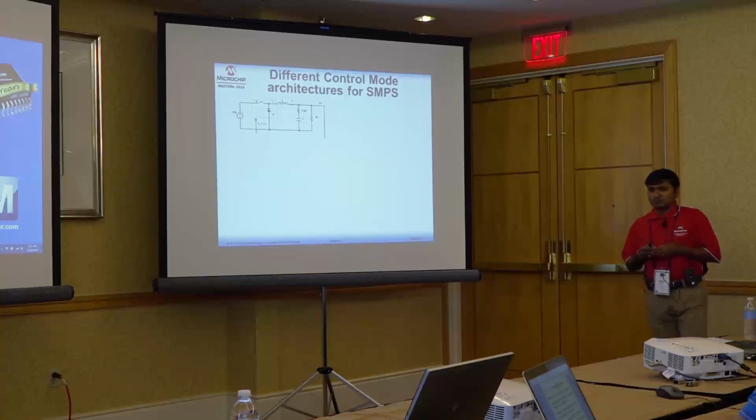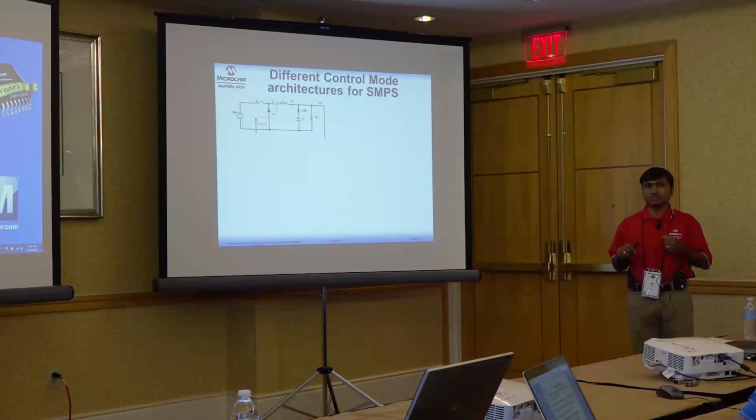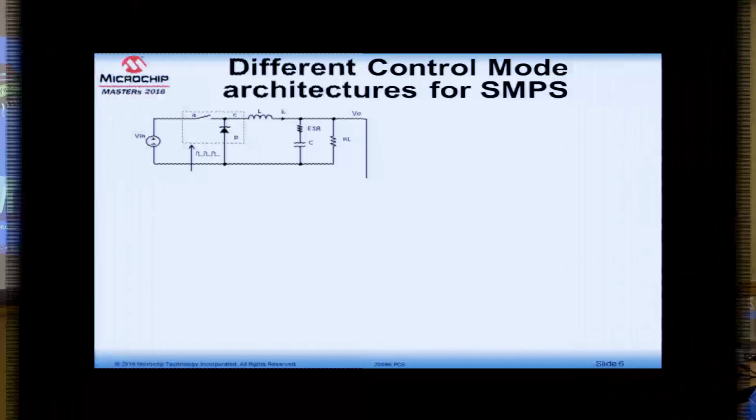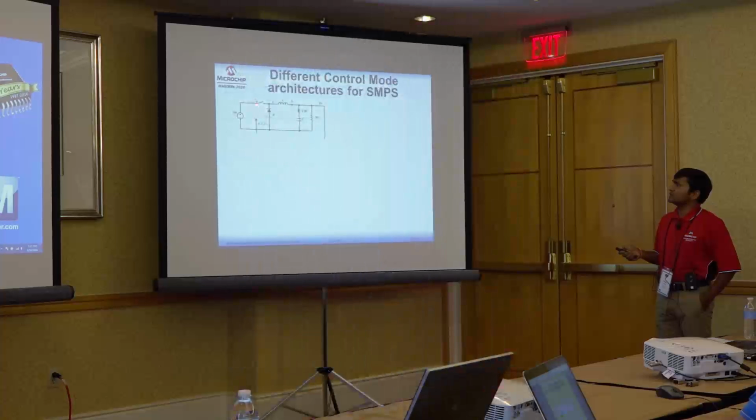The main focus of this class is the buck converter, but these techniques can be applied to other power stage topologies like the boost converter or buck-boost. The traditional buck converter has an unregulated input supply and a high side switch that toggles on and off and provides energy to the switch node.